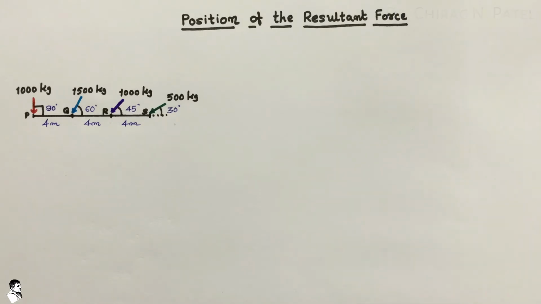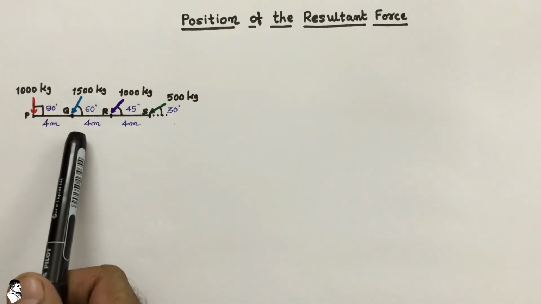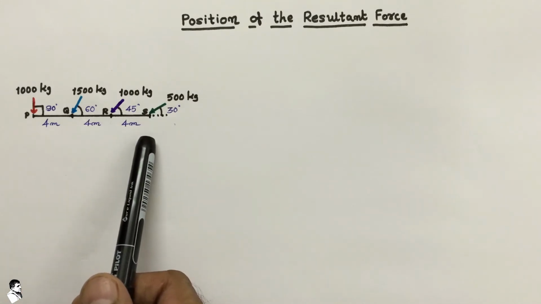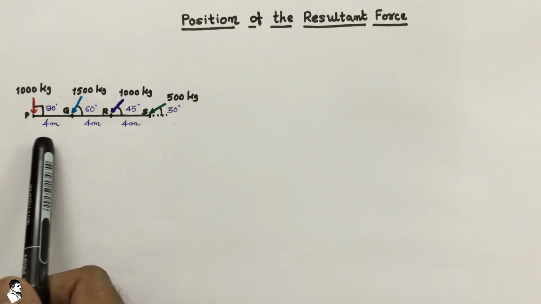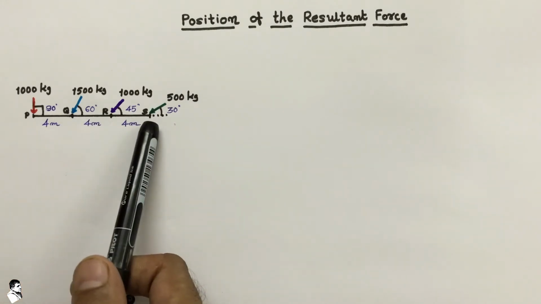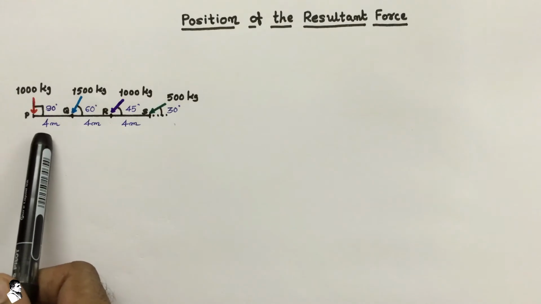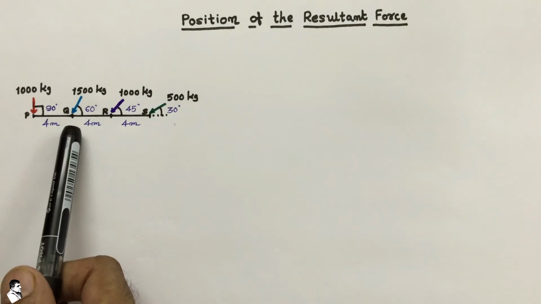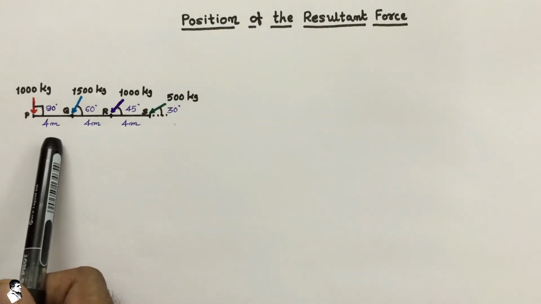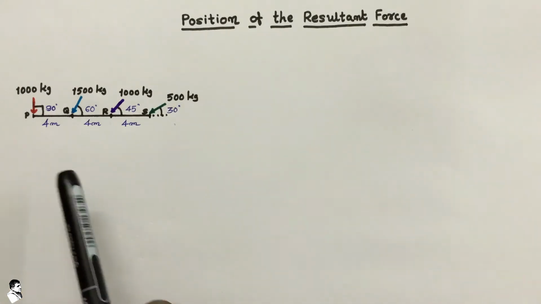So for that we have to take one example, and here is that example with P, Q, R and S. This is one horizontal line PQRS, 12 meters long in total, and the distances PQ, QR and RS are equal, that is 4 meters.